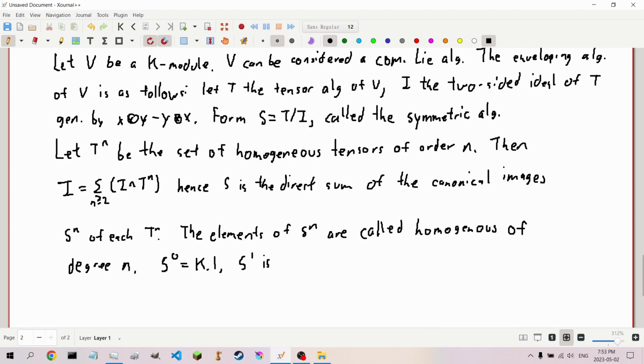S1 is identified with V, and as the standard for tensor algebras, S^n times S^p is contained within S^(n+p), as I showed before when I went over tensor algebras.